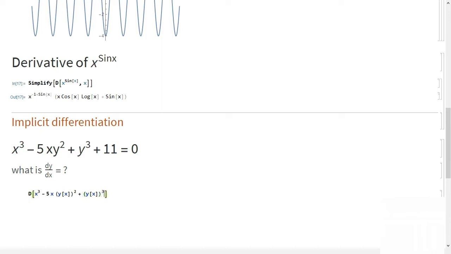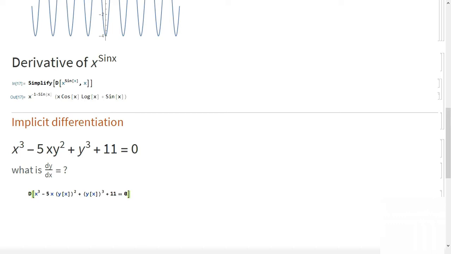y cubed. Okay, and then we have plus 11, and then we want to type double equals to 0, so that Mathematica knows that it is an equality, that is the left hand side is equal to the right hand side. That's why we have to put double equal sign.